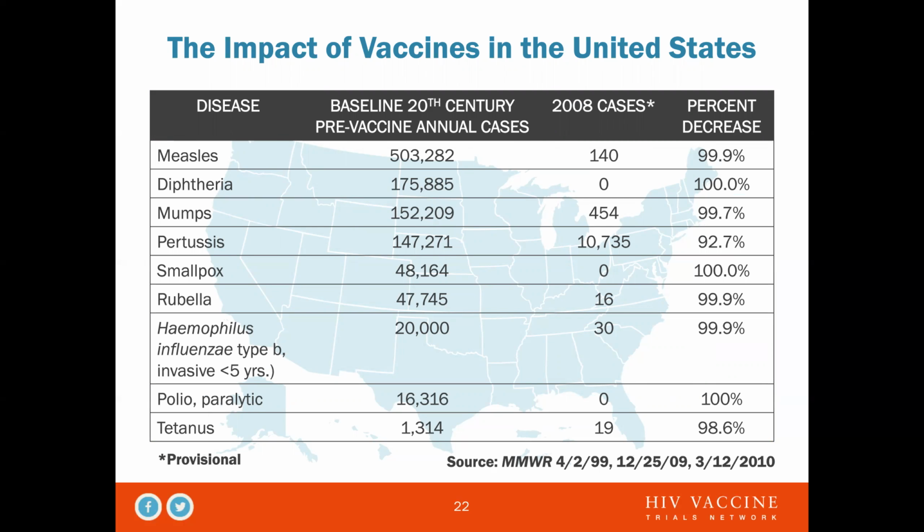Measles, diphtheria, mumps, pertussis, smallpox, rubella. These are examples of the kinds of viruses that we've been able to eliminate or significantly reduce through the use of vaccines.